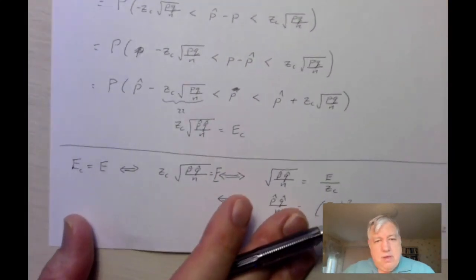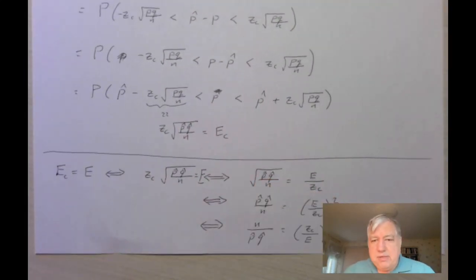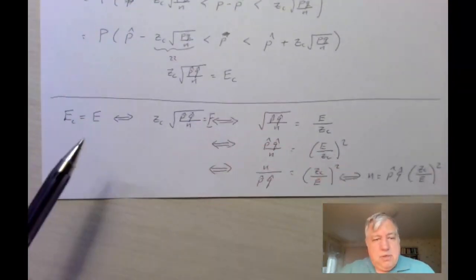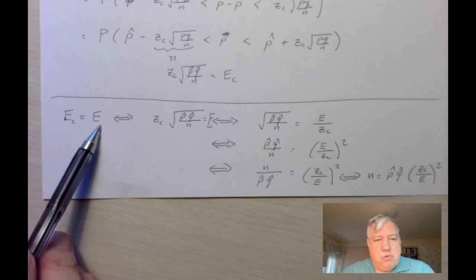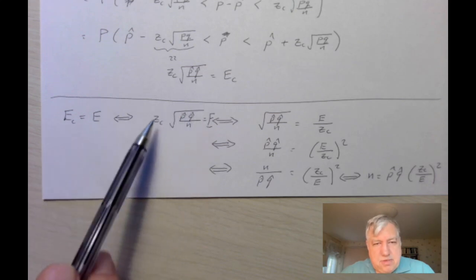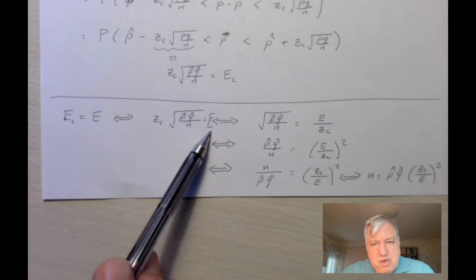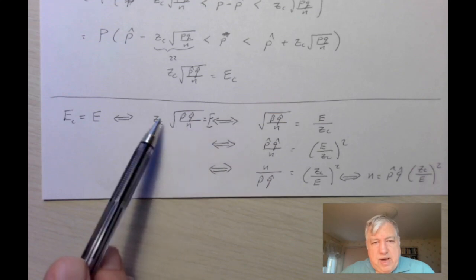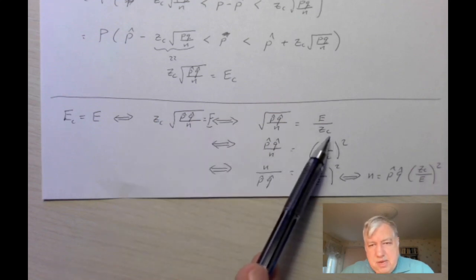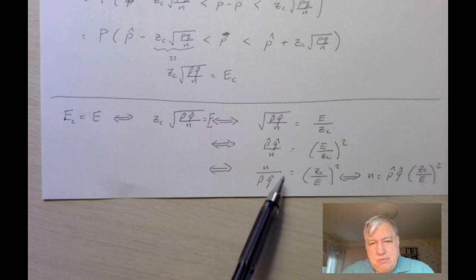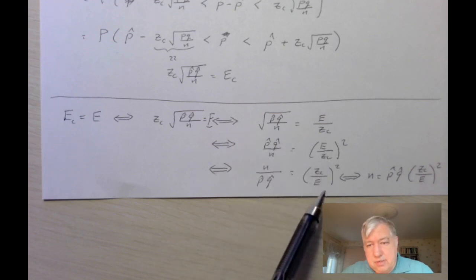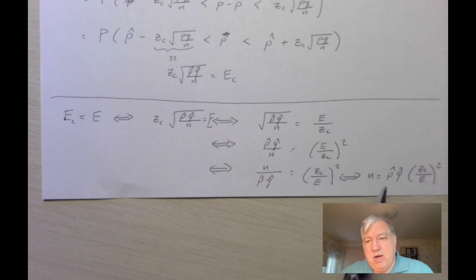For the minimum sample size, it's just a little more algebra. If we want the margin of error to equal E, that means this expression is equal to E. We divide both sides by z sub c, square both sides, take the reciprocal of both sides, and finally multiply by p hat and q hat, and we get this.